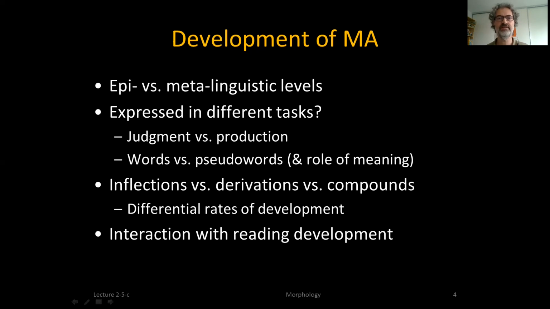And this achieves its goal earlier for inflectional morphology and more slowly and gradually for derivational morphology. In this sense, the development of morphological awareness seems to depend to a large extent on the development of reading skill.